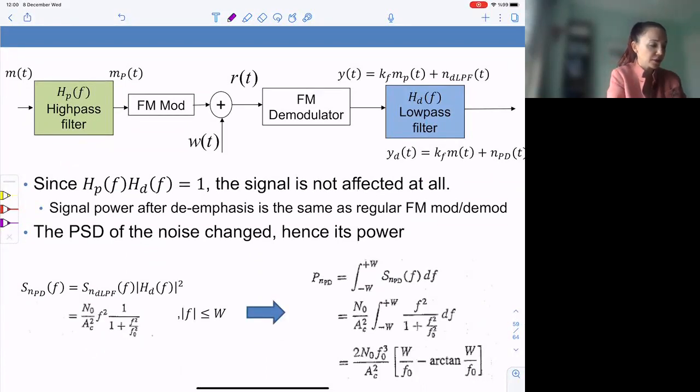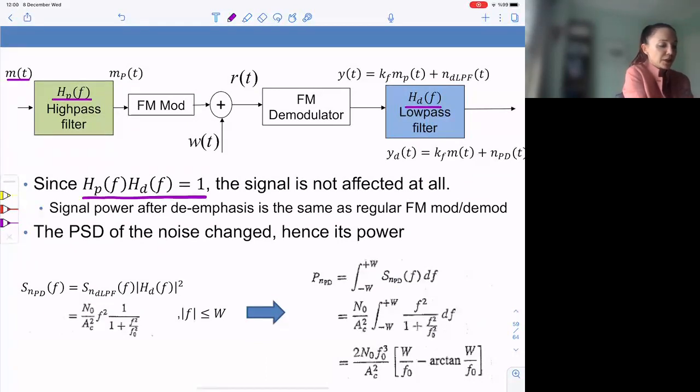So let's study this system. Since the signal, the message M of T, goes through both HP and HD, and HP times HD is identity, the signal is not going to be affected at all. The power spectral density of the noise is going to be changed. So let's compute that.